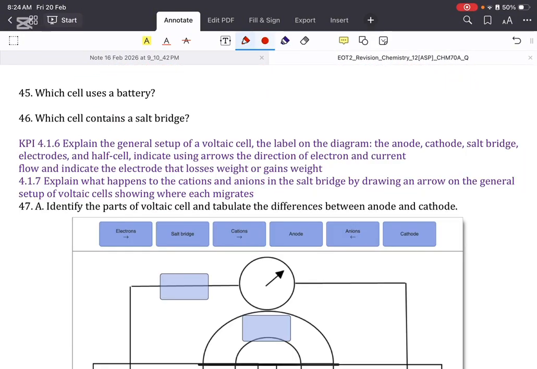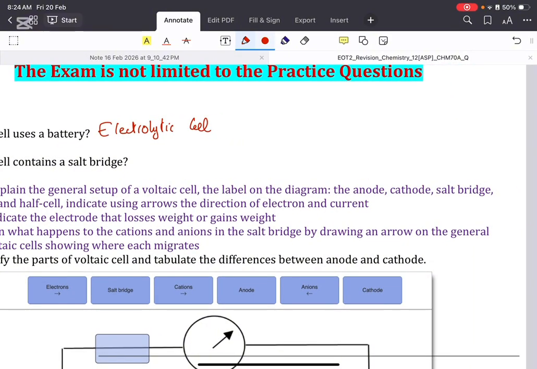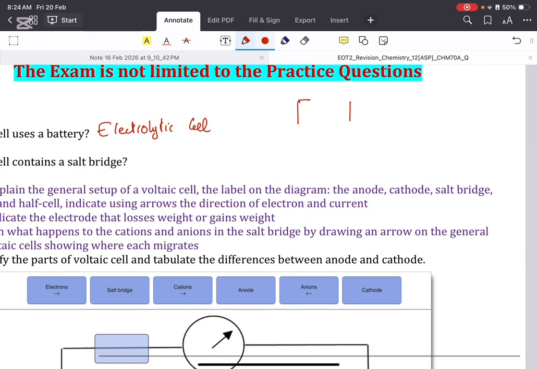Okay, so which cell uses a battery? The electrolytic cell. You have to know, or sometimes they will ask you which cell needs a device to operate. Or in the diagram, if a diagram is given to you, you will see on top of the electrolytic cell in the figure like a battery, written on it battery, or they might write on it power source, for example.